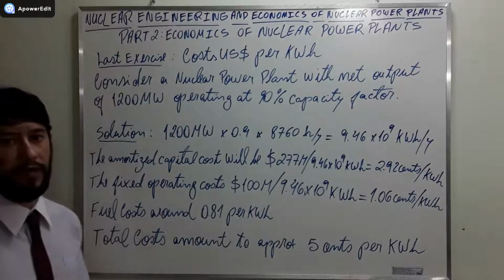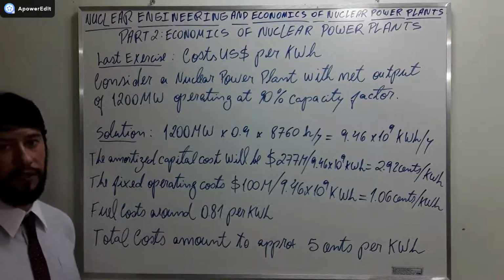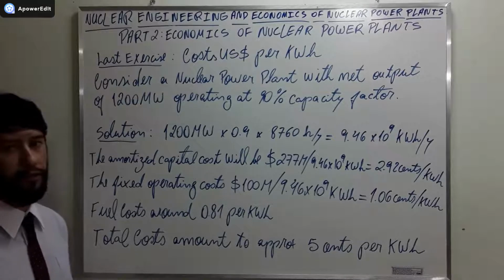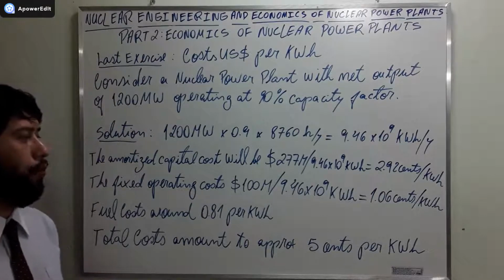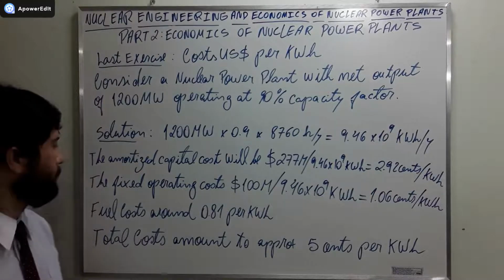The amortized capital cost will be $277 million divided by 9.46 times 10 to the 9th kilowatt hour, which gives 2.92 cents per kilowatt hour.